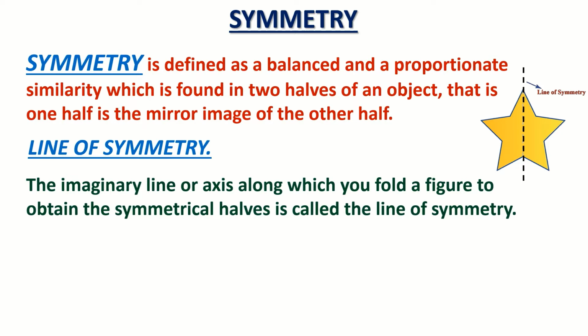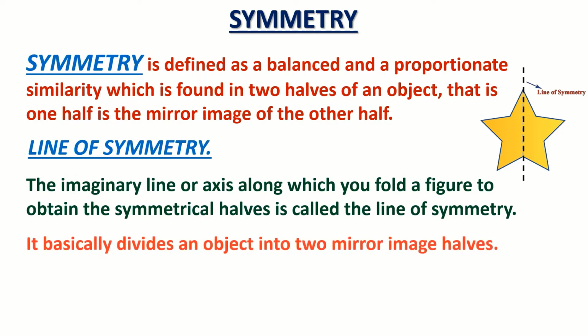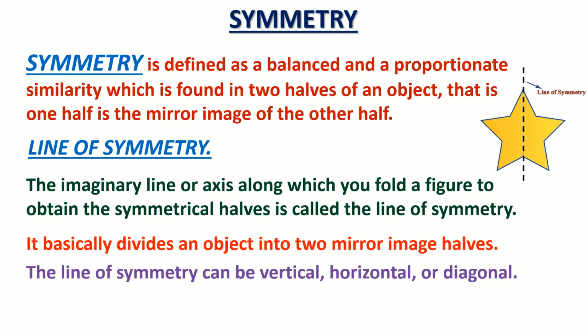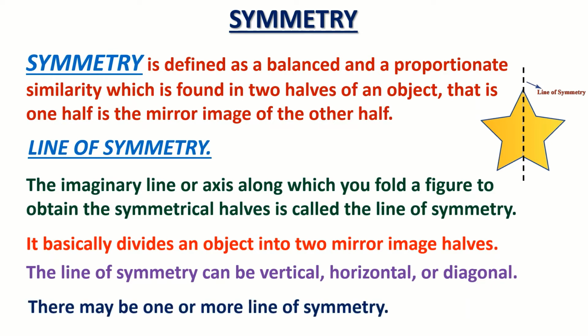Basically, the line of symmetry divides any figure into two equal and identical halves. It basically divides an object into two mirror image halves also. The line of symmetry can be vertical, horizontal or diagonal. There may be one or more lines of symmetry.